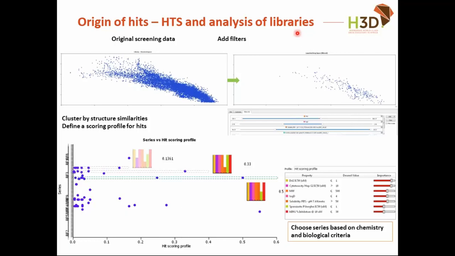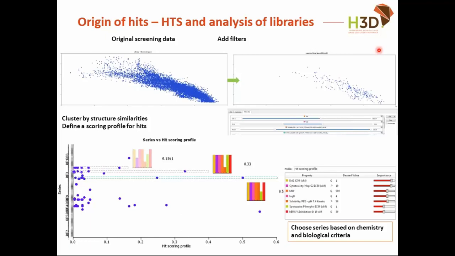We can also set the cytotoxicity above 10 micromolar, for example, because we don't want our compound to be cytotoxic. We can select a threshold for the solubility or for the log-D, and this allows us to get a much simpler cloud of compounds that looks more reasonable to be analyzed.